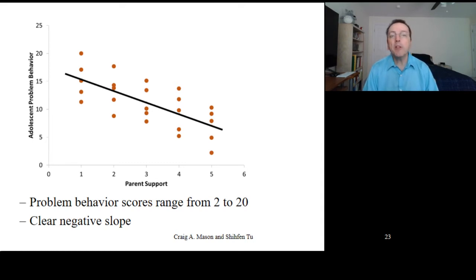And with that, what about our second variable, peer behavior problems? We may wonder whether this is also related to adolescent behavior problems because it kind of makes sense, doesn't it? Hanging out with friends who have behavior problems may lead to behavior problems for you as well. So we go back and color code each of the points in our scatter plot in order to indicate the level of peer behavior problems for that student.